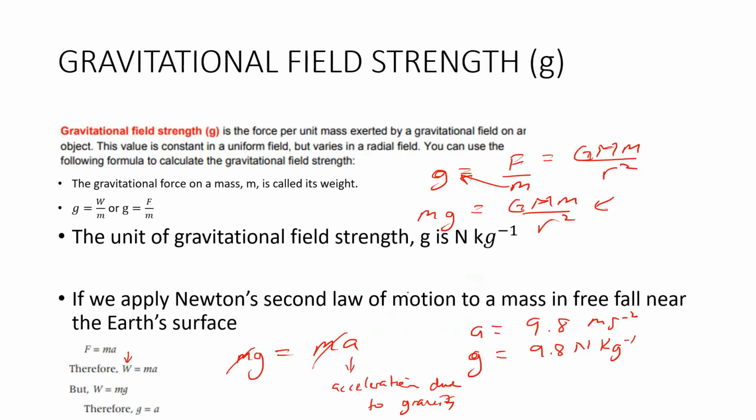Now, from this definition that says that gravitational field strength is the force experienced per unit mass, we can write that G is equal to force divided by mass.